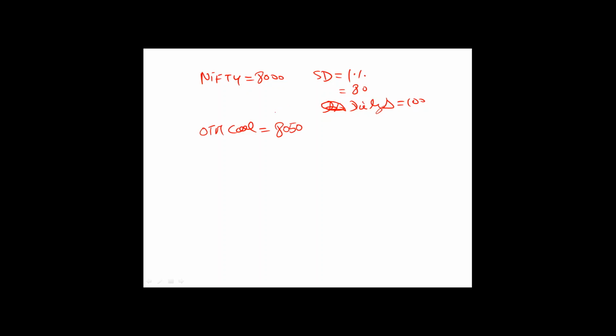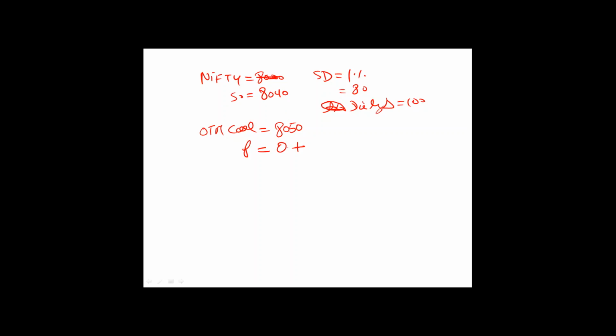Quite possible, let's say the Nifty might be trading near 8040, the spot price of the Nifty index, and I'm buying 8050. That is an out of the money call. So when it is an out of the money call on the date of expiry, my intrinsic value will be 0. It's out of the money, right?